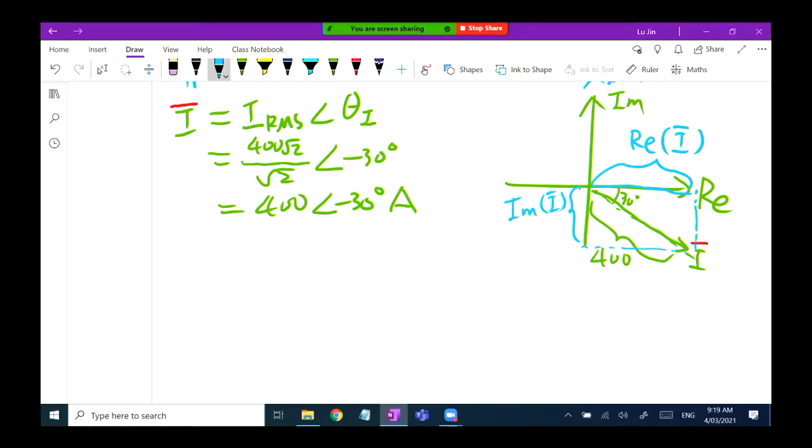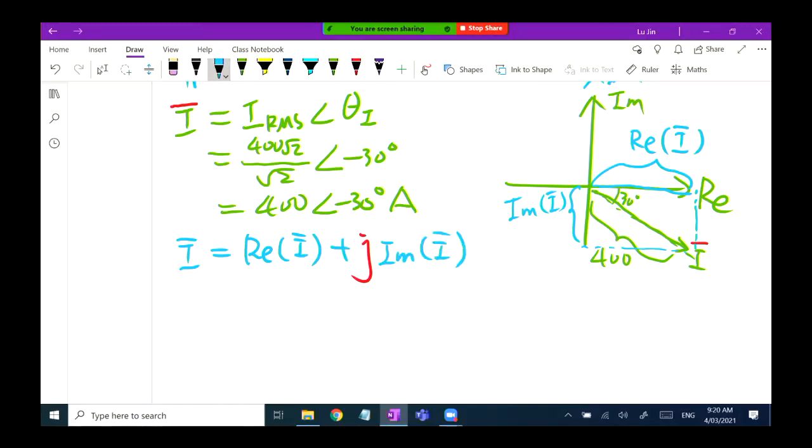The rectangular form of this AC current, I write at the bottom here. Because they are also in the complex plane, I can use the same notation. It's actually a complex number: the real component of this vector plus j times the imaginary component of this vector.